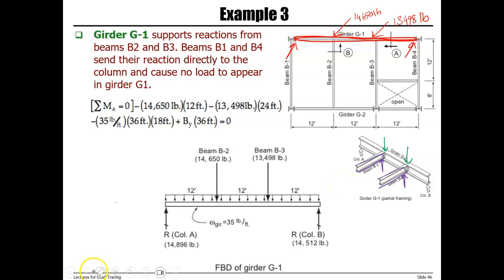So again, in this example, because the magnitude of these point loads are different, it's not symmetric. So RB is not equal to RA.